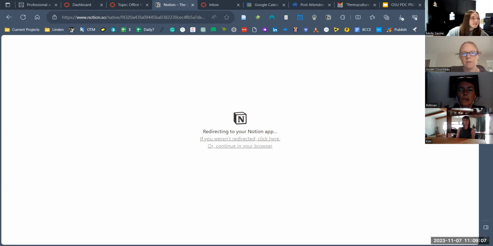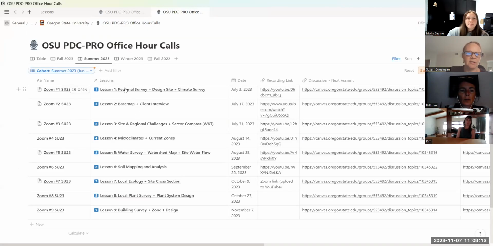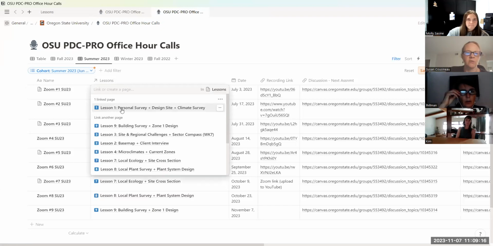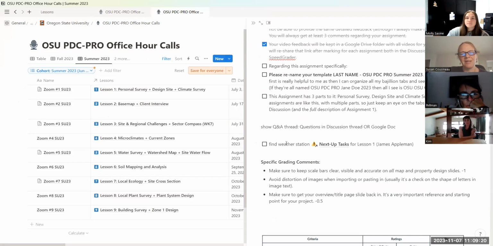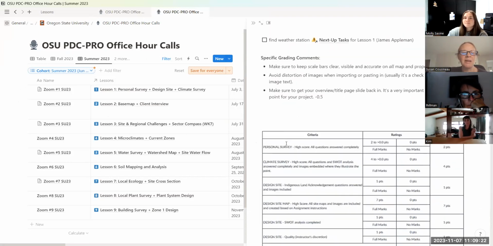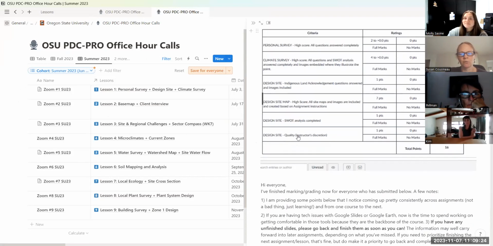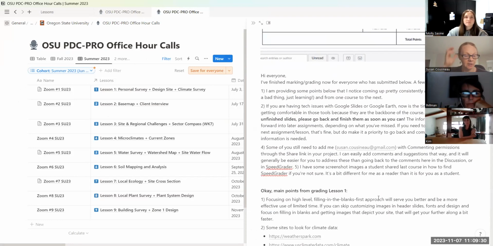Okay, so this should be what you navigate to. Each one of these goes to the individual lesson. It's kind of messy right now and I'm working on it. I've got the rubric in every single one, so you can always see that. Some of this is copy-pasted stuff that I dropped for students, because I needed to keep track of it.